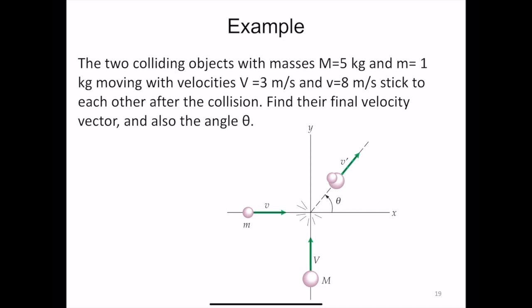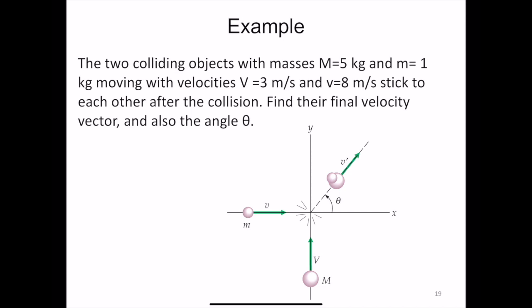So two-dimensional problems in principle are quite similar to one-dimensional problems, except that you have to apply conservation of momentum along the x direction and along the y direction. That's pretty much all that you do. So let's see if we can work this problem out. We have two masses. One of them is moving along the x-axis and the other is moving along the y-axis.